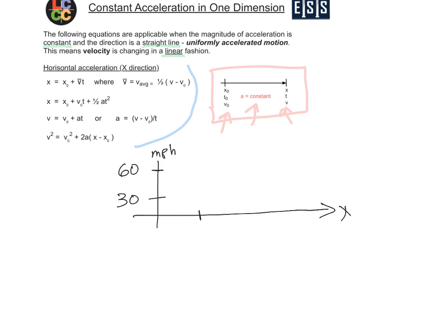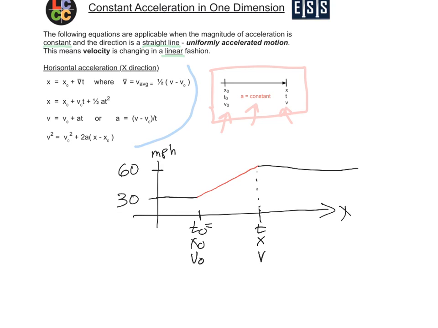So at some point here, we have t0, x0, and v0. And at that point is where the car is going to accelerate until it reaches 60 miles per hour, and then it stays constant after that. So at this point here, we have t, x, and v.